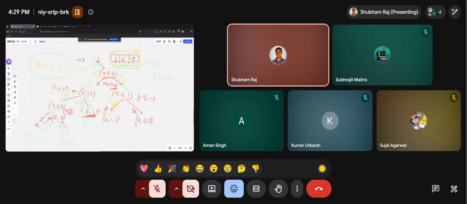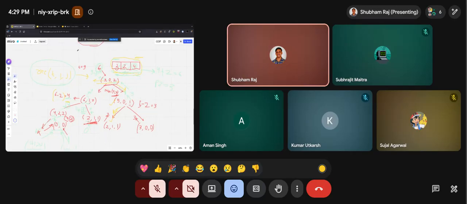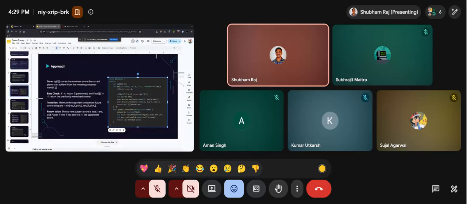And again, there is only one element left, so player 1 will eventually pick the last element. So his score will become 6. And 6 is our answer from this dynamic programming tree. So this is the approach.